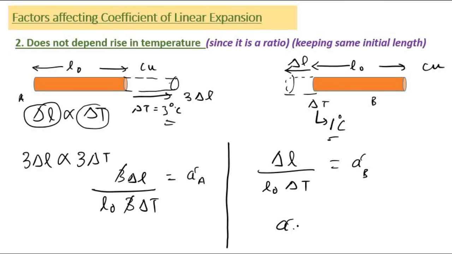So again we get the same answer, alpha A and alpha B are the same. If I raise the temperature by 10 times, then the expansion also will become 10 times. Anyhow 10 and 10 from top and bottom are going to get cancelled.